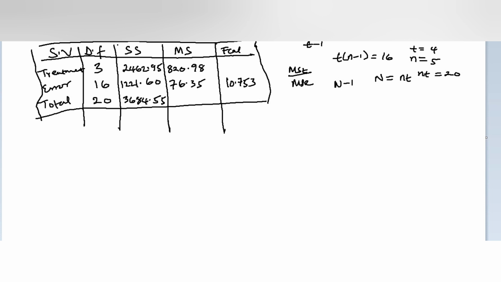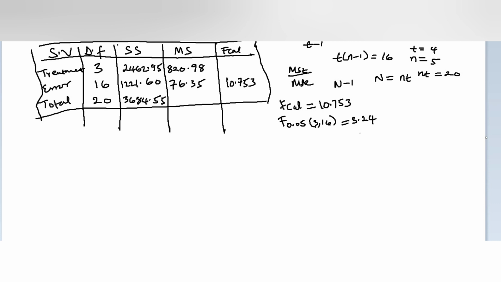Alright, comparing our answer of F calculated, F cal, which is equal to 10.753, to F tabulated, that is from 0.05 confidence interval to the degree of freedom, which is 3, 16. On your F table, you are going to have 3.24.